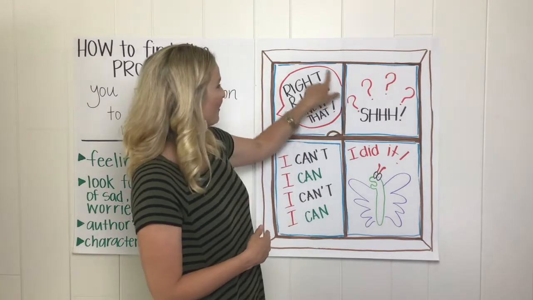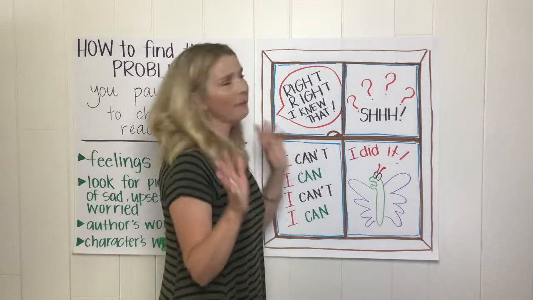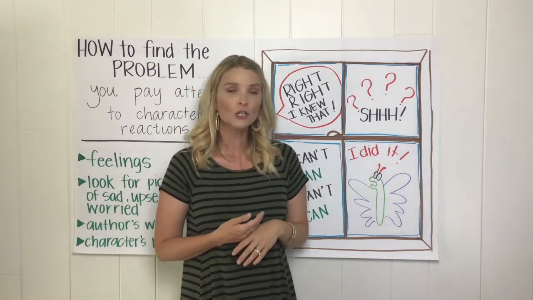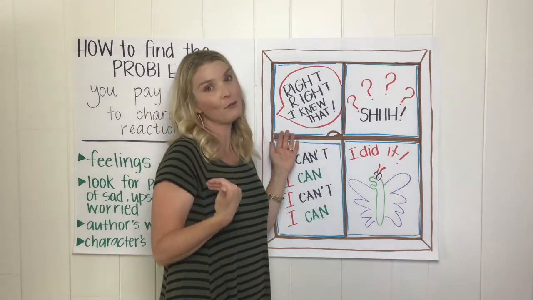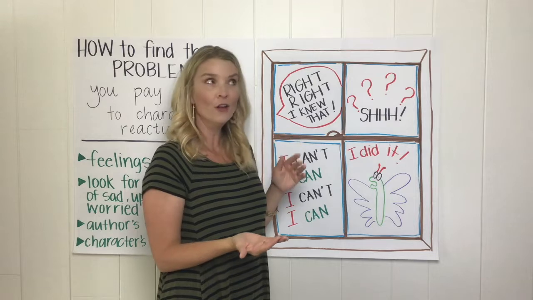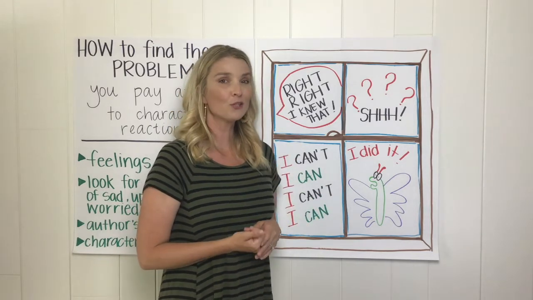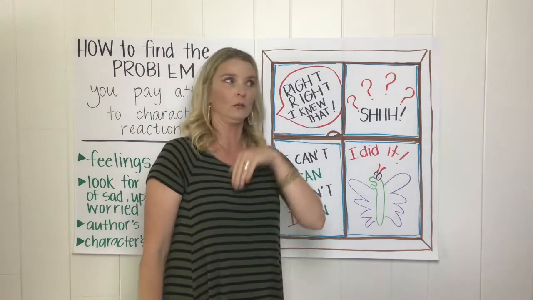So I remember one of the pictures in my mind was the caterpillar saying, right, I knew that. He said that multiple times throughout the story. So when a character does that, that's definitely his reaction to the problem of not knowing how to do a chrysalis, not knowing about migration. If you have a problem of not knowing something, sometimes you go, oh yeah, I totally knew that.